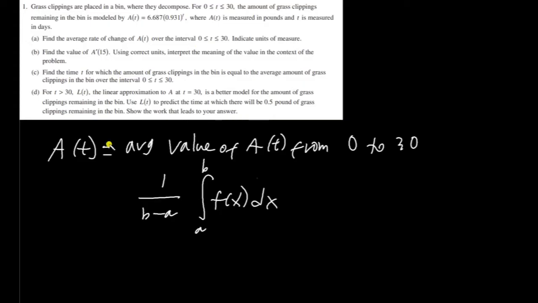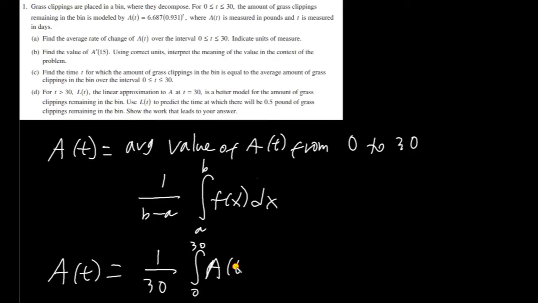So we want to figure out what value of t makes A(t) equal to this, right? So we'll write an equation: A(t) equals, and this is from 0 to 30 again, 1 over 30 minus 0, so it's 1 over 30, times the integral from 0 to 30 of A(t) dt.